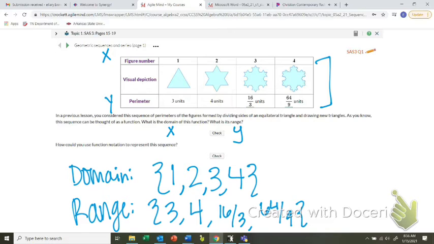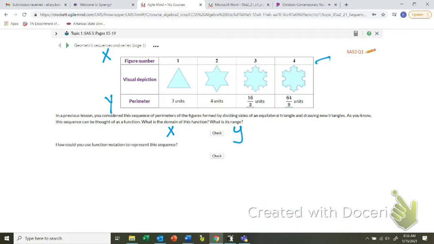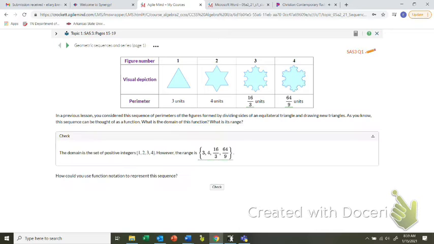So just put that in your brain somewhere because we'll use that later on. All right. If you click check, it'll tell you the domain is a set of positive integers, okay? And the range tells you what the range is.